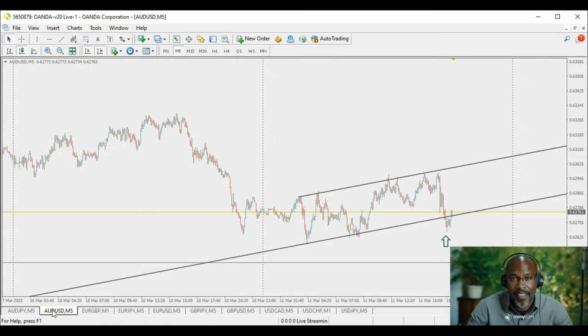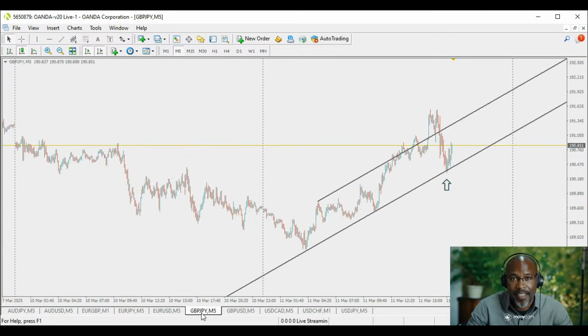The rates are hardly moving. So it's like a possibility.